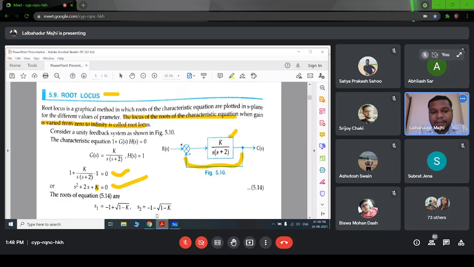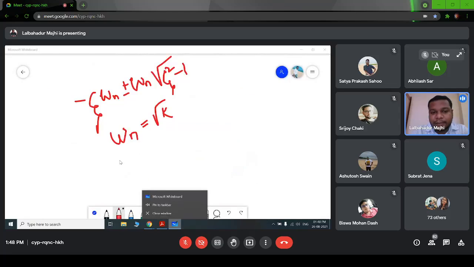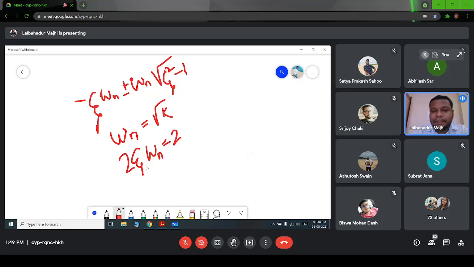Similarly, 2 zeta omega n is 2, right? So we can find the value of zeta will be 1 by root over k. So we have determined the values of omega n and zeta.